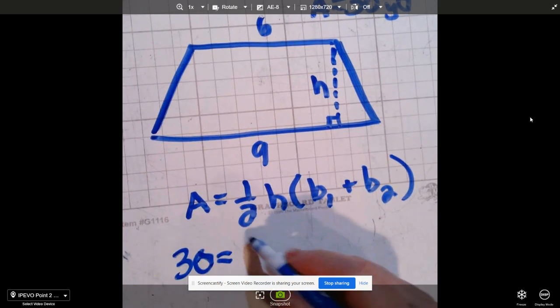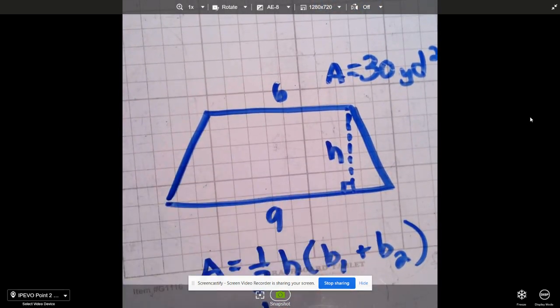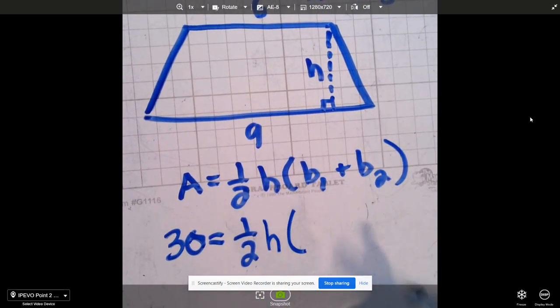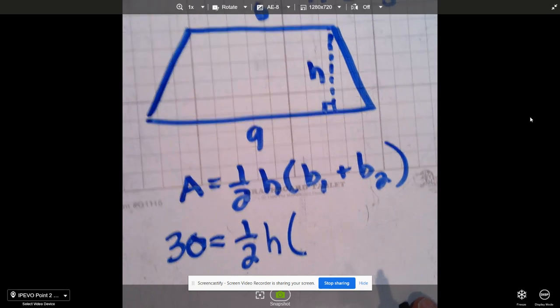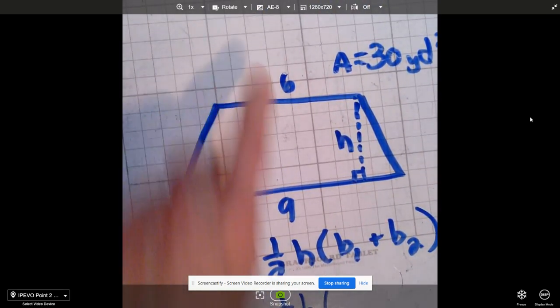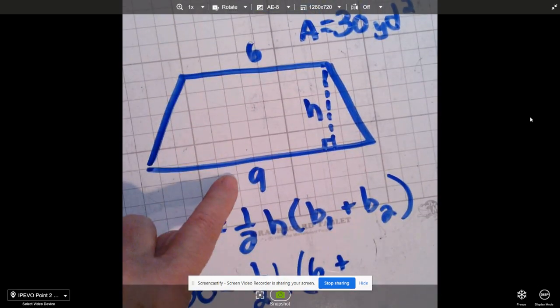Well, 1/2 is 1/2. The height, well, the height I don't know, so I have to keep that as h. Base 1, it doesn't matter which one you call 1 or 2. So base 1 is 6, and base 2 here is 9.